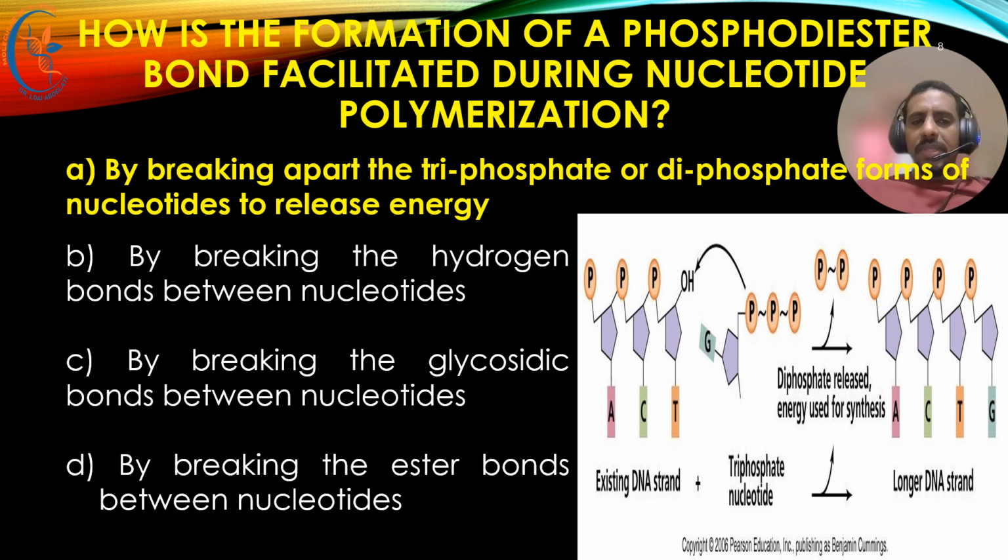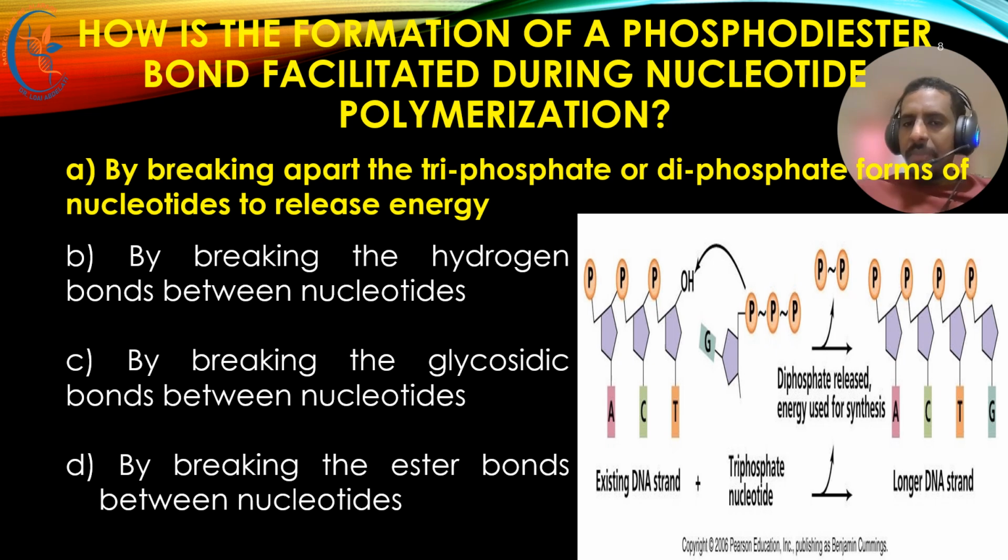Actually, to form DNA or RNA, what will happen? Nucleotides must join together, right? Through the process called polymerization. As we know, nucleotides are the building blocks of DNA and RNA, consisting of a nitrogenous base, a sugar, and a phosphate group, right? These phosphate groups are the key because they help form the phosphodiester bond, the link between nucleotides.